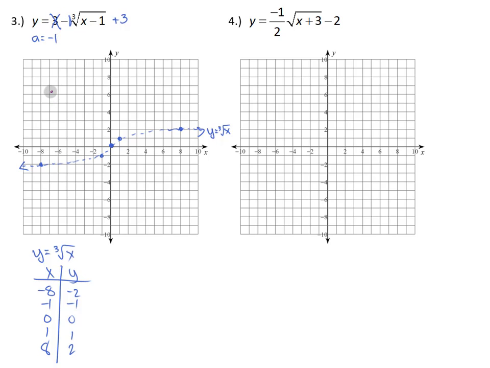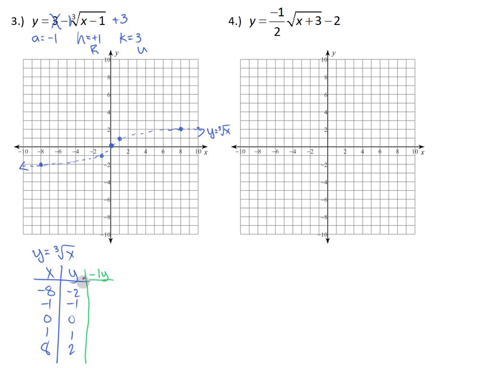So they just went a little tricky on you. The a value in front is -1, and that 3 is really your k value. That positive 3. H on the inside, remember, is the opposite of what it looks like, so that's +1, which means we need to go right 1 and up 3. But first, we need to multiply, this is step 2, multiply all of our y-coordinates by a, which is -1.